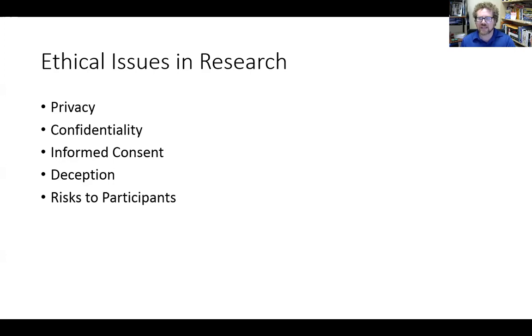Informed consent is the idea that your research participants know what they're getting into and that they're fully informed of the nature of the study that they're participating in. You provide them information about the nature of the study, and they sign off. Usually they'll sign and date an informed consent form that says, I've been fully made aware of the nature of the study.